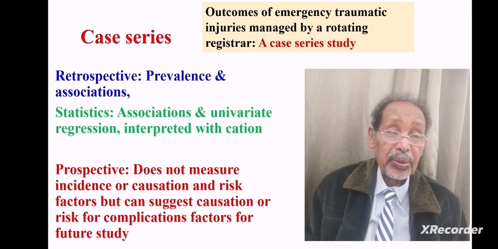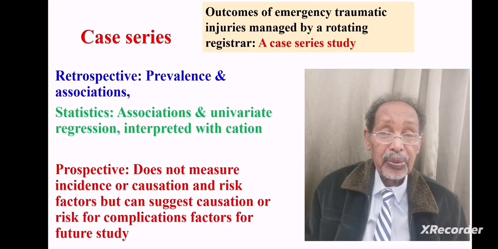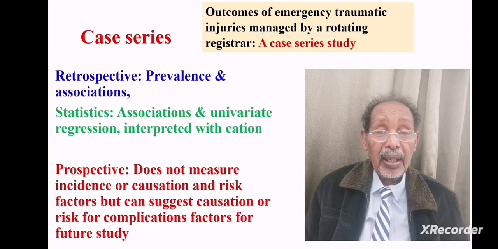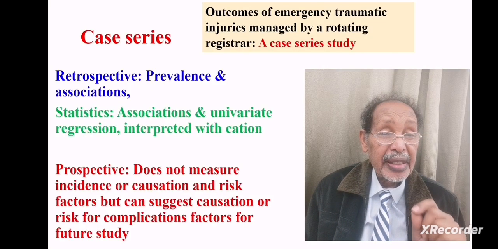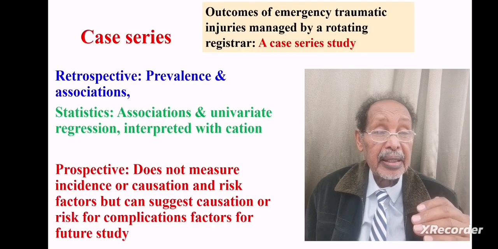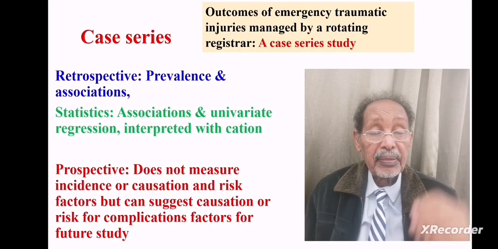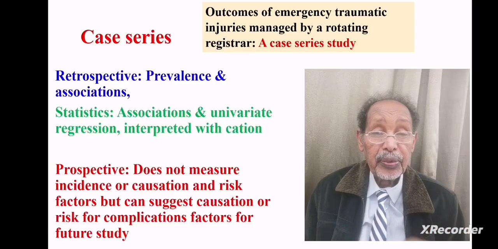In the statistics we can also use univariate regressions to find out associations and some sort of relationships. But we should interpret the findings with caution. Usually it is a sort of weak study, but it is a base for future studies. It is just a base for future studies.